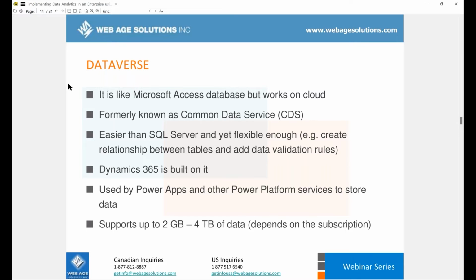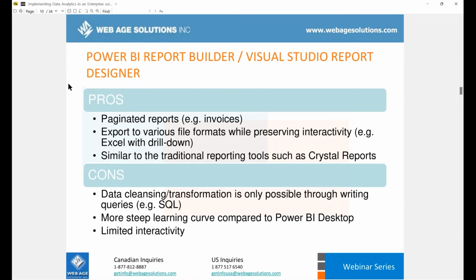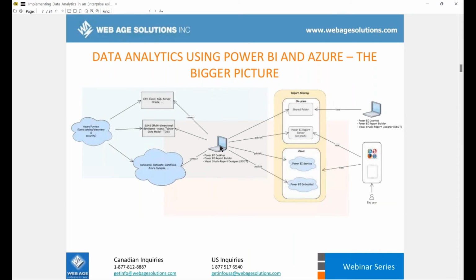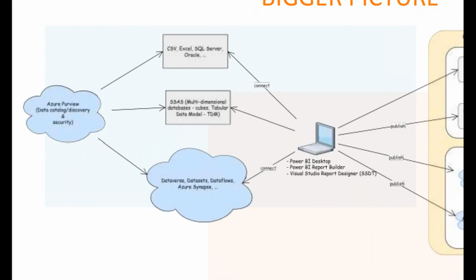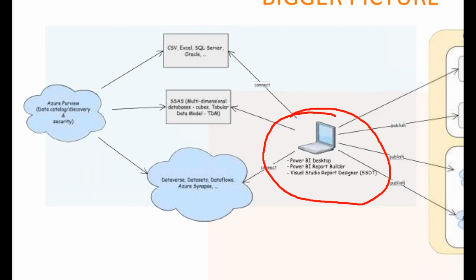So if I quickly go back to that diagram before I continue with the explanation, basically the goal is that we have already decided what tool or tools to use, and now we need to connect to our data source or data sources. So in simple scenarios, you could connect to CSV, Excel, SQL Server, Oracle. But in enterprise scenarios, you'll say, I want to make sure that we have some consistent data model available to all the users.